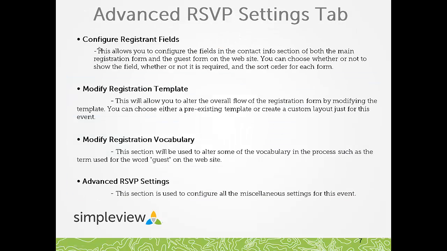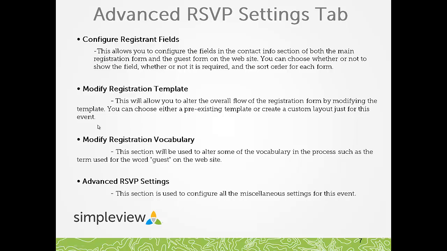Talked a little bit about the registrant fields, again allowing us to change the labels, to modify the sort order, to make certain fields required on the registrant field and on the guest form. The ability to modify each page via those WYSIWYG editors. So each page in the registration process has a WYSIWYG editor where you can load up standard templates to automatically pull in there or that you might want to modify.